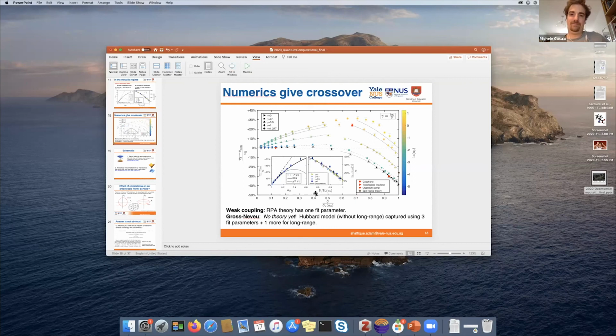The honeycomb lattice is what gives you the Dirac fermions. It's not the only lattice where you can get Dirac fermions, right? A square lattice with a pi flux also gives you Dirac fermions. Of course, you can get much more complicated ones. For example, certain complicated 3D lattices for which the surface states would be Dirac fermions.